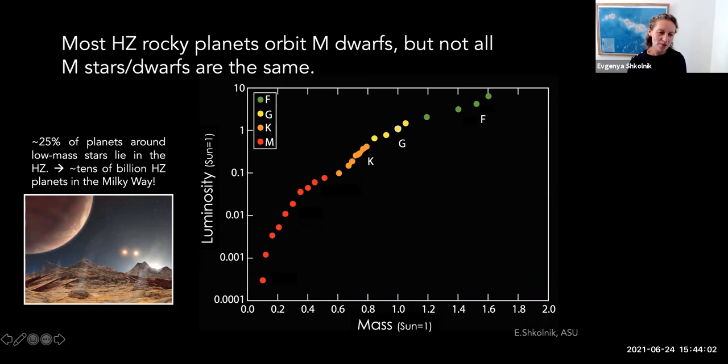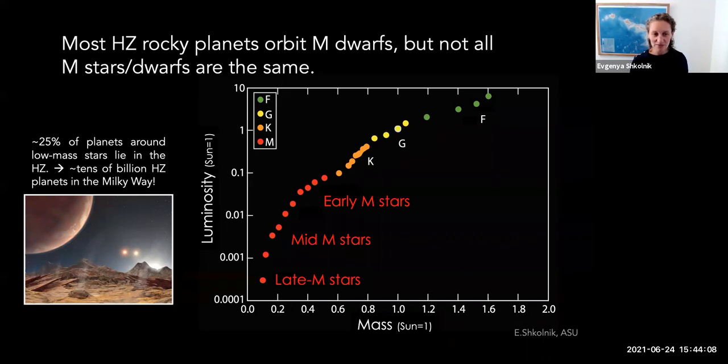The reason I wanted to point this out is because we actually call them different things: early M stars, mid M stars, and late M stars. They're actually different beasts, and they have different evolutions of their UV emission. They are different in their flare statistics as well. So when someone tells you that they have found a planet around an M dwarf, your first question should be, what kind of M dwarf is that?